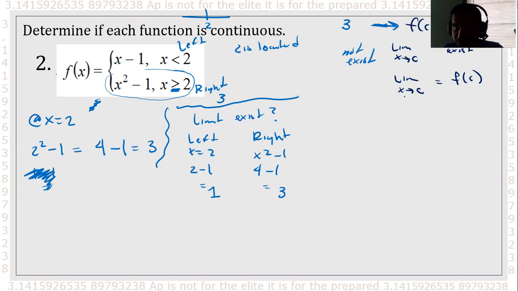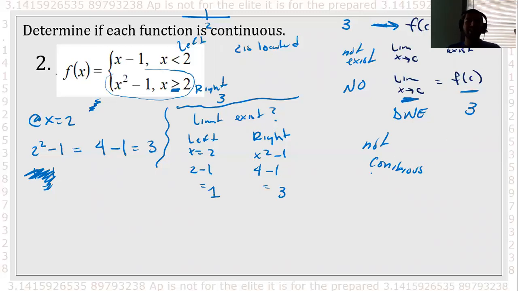So is this true? Does my limit equal my f of c? Well, if one of these fails, guys, it all fails, so no, because my limit does not exist and my f of c is 3. So this is not continuous. This has a jump because at some point it was 3 and at another point it did not exist.